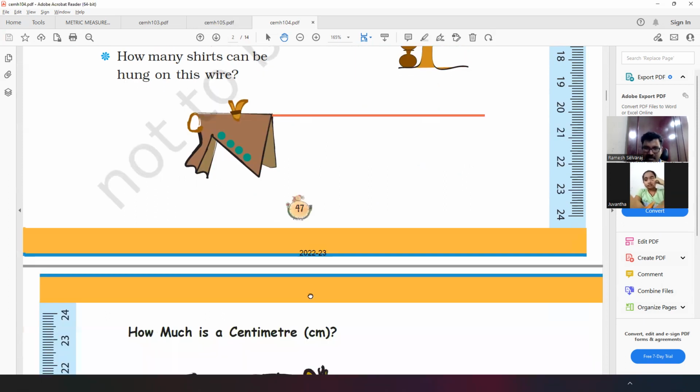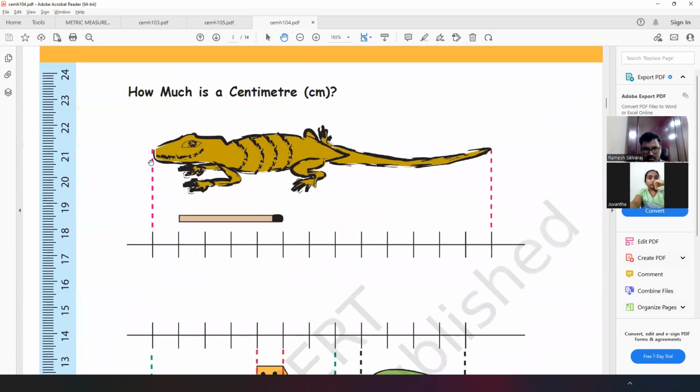So we will be measuring like this only. See here, can you measure this? What is this actually? This is a lizard. So can you measure this lizard's length? For example, this is a matchstick, right? Matchstick, 1, 2, from here to here. I will draw a line so you will understand.